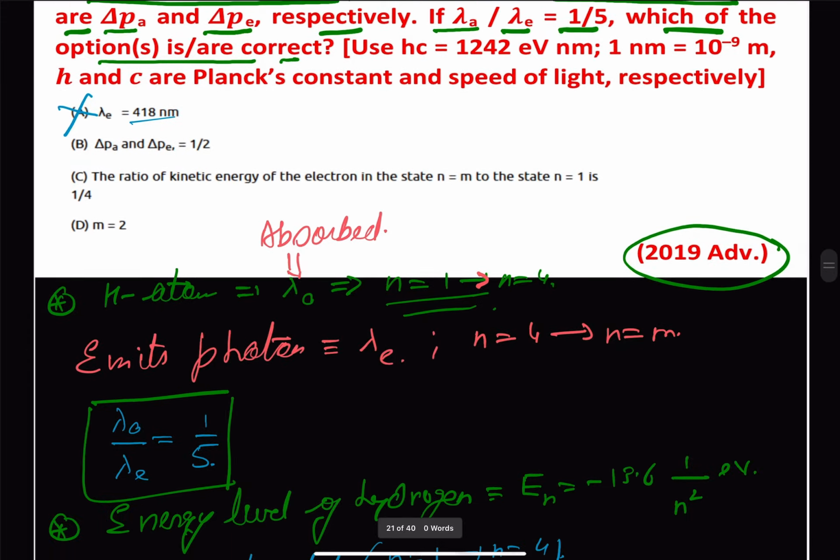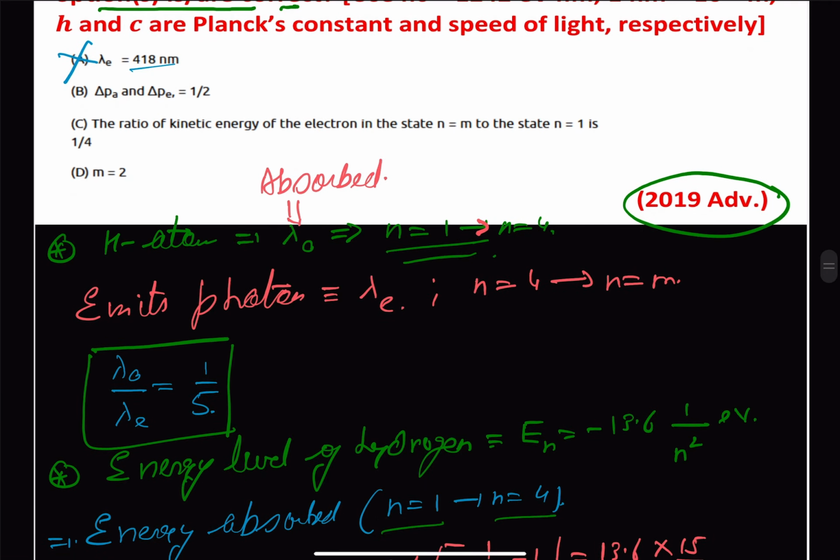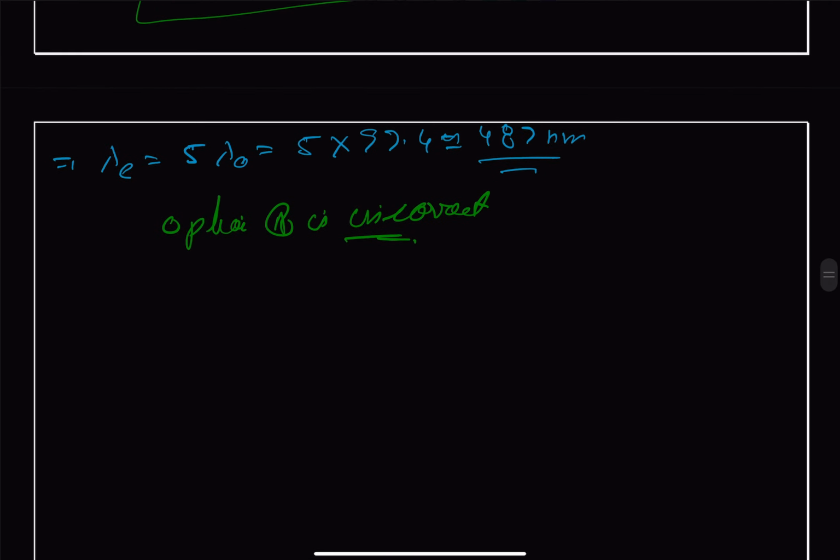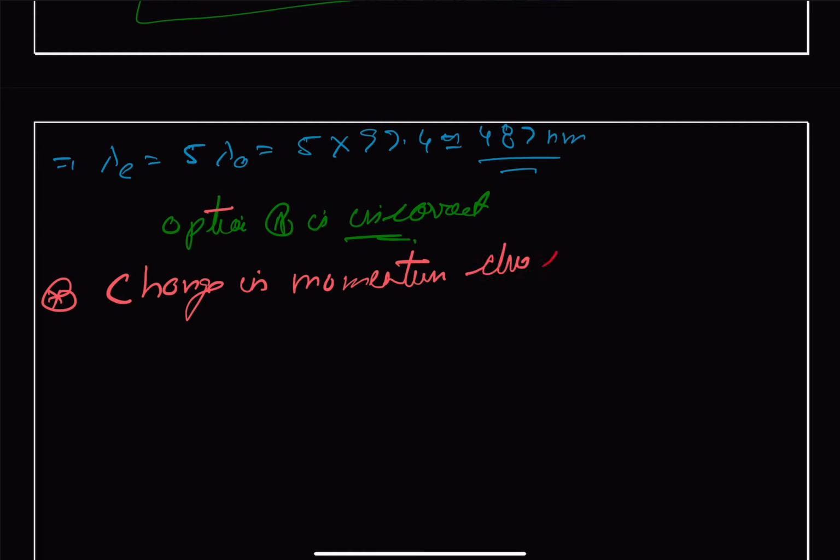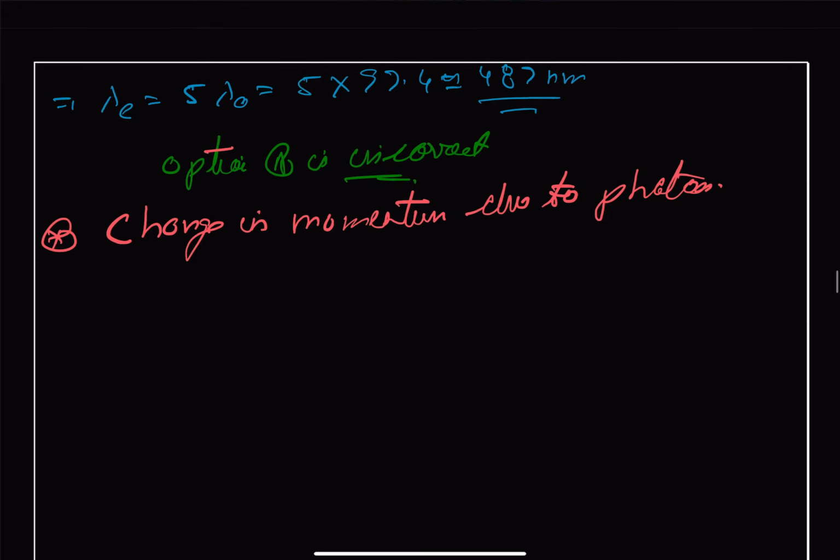we try to find out the change in momentum, that is given as 1 by 2. So we have change in momentum due to photon, and the relationship is a standard one.